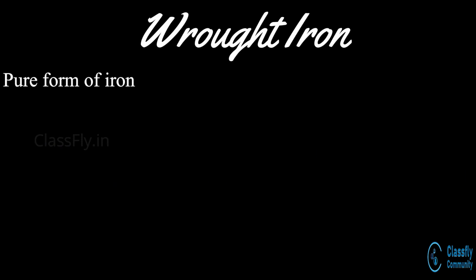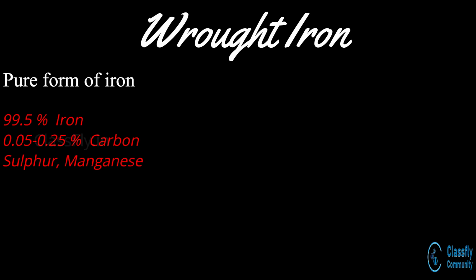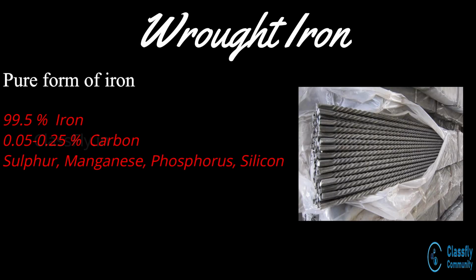Well, wrought iron is the pure form of iron. It consists of about 99.5% iron and small amounts of carbon content, which ranges from 0.05 to 0.25%. Along with this, small traces of impurities are present such as sulfur, manganese, phosphorus and silicon.